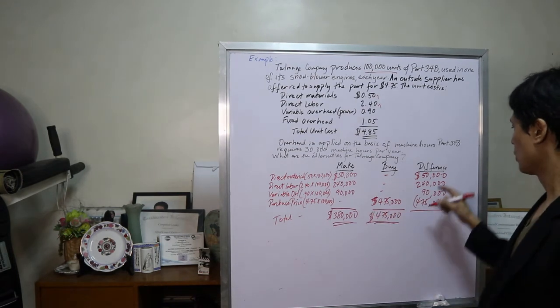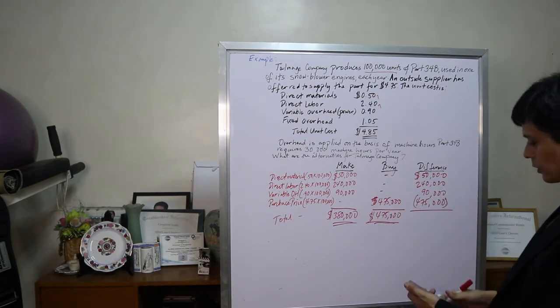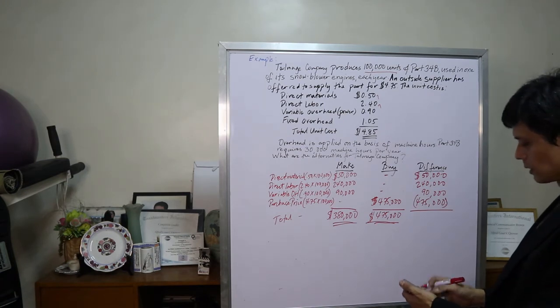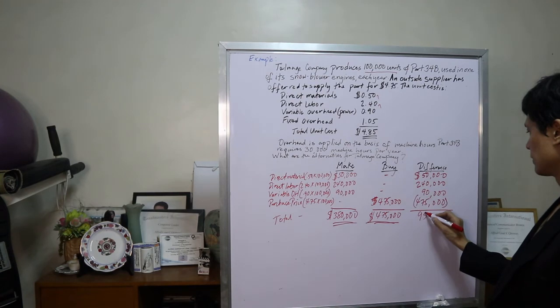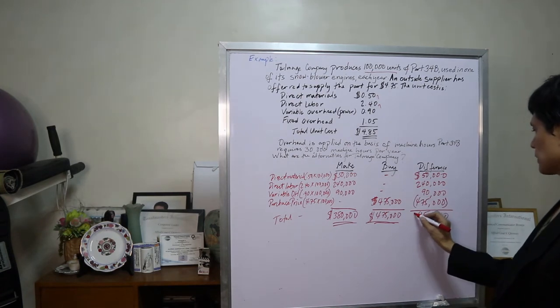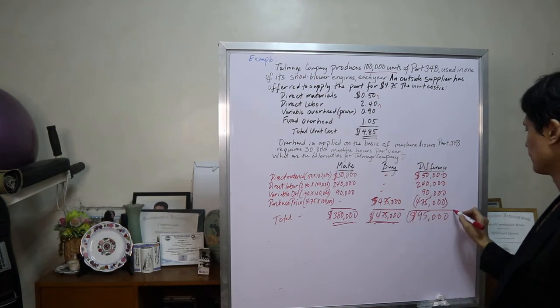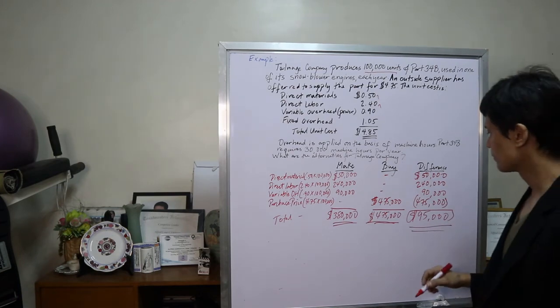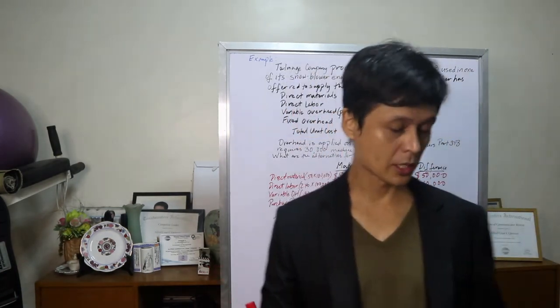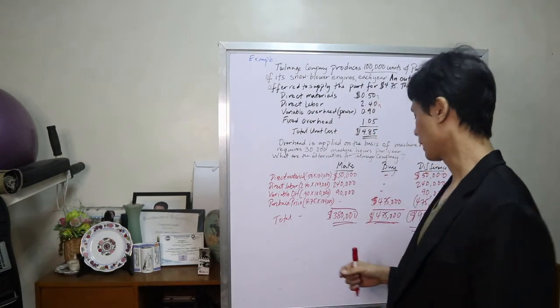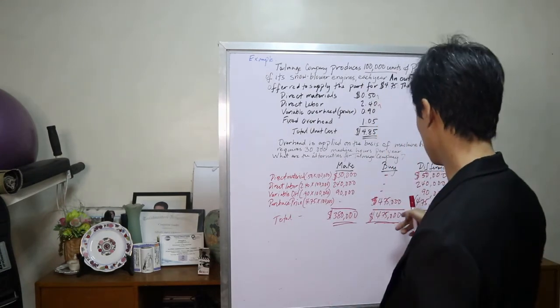Now, magkano yung difference nitong dalawa? So, this would be $95,000. Which means mas makakatipid sila ng $95,000 pagka gagawin nila kaysa dun sa bibili nila.